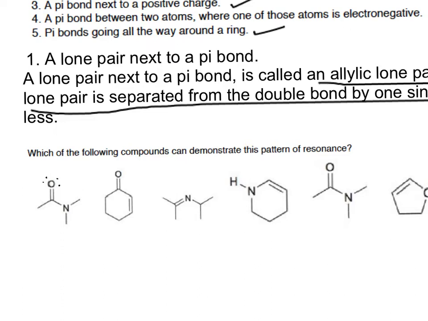When I draw the lone pairs on this oxygen, and let's just name this functional group so we get used to doing that, we have an amide. We can see that the lone pairs are on the oxygen, and then there's the double bond. So this is not an allylic lone pair.